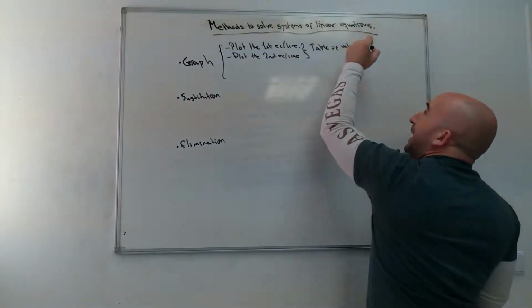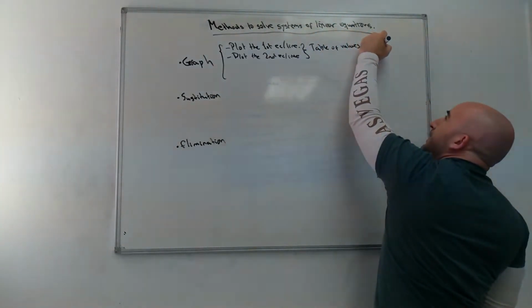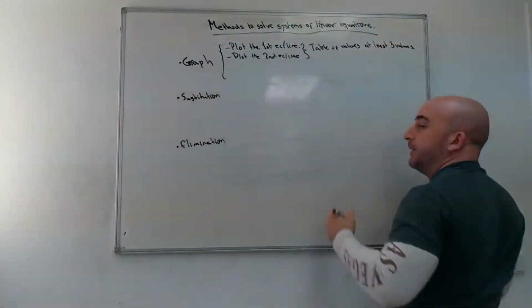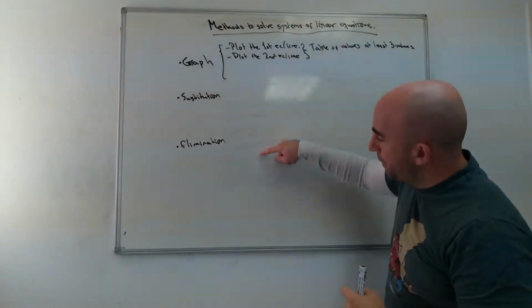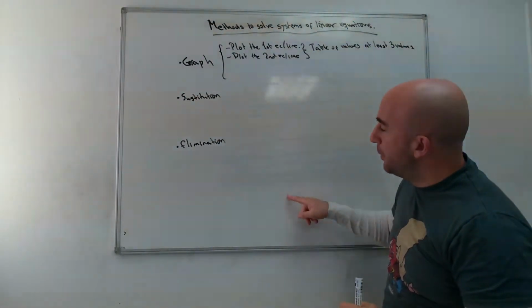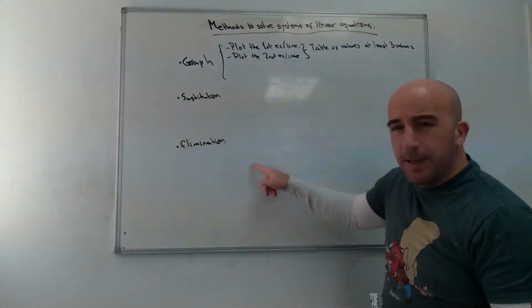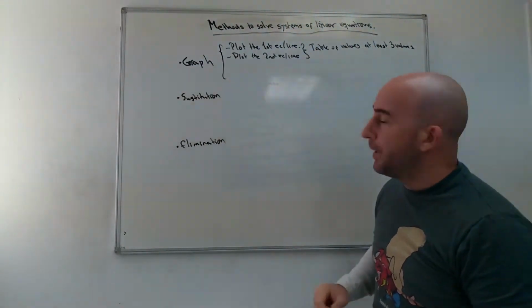And I recommend at least 3 values of x and y. You have 2 points, you get a straight line through 2 points, but use at least a third value to check that it's correct, just in case you've made a mistake on one of them.